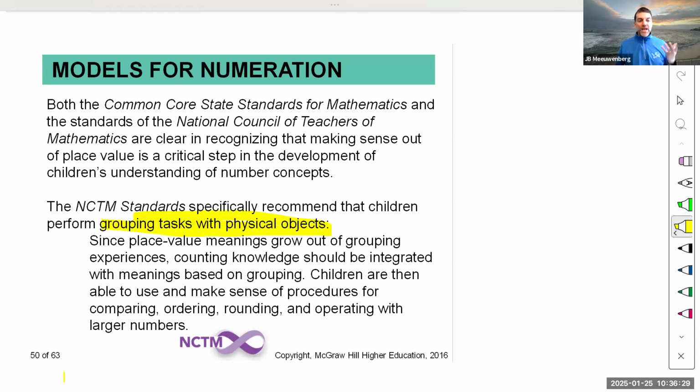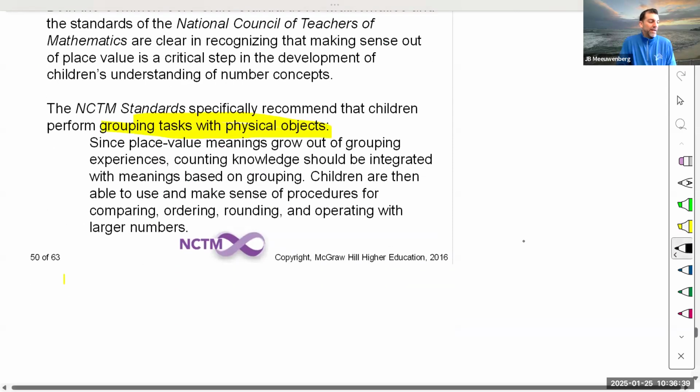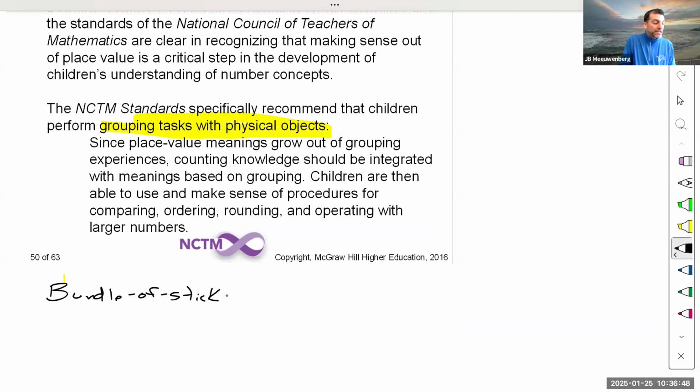One model you can use is what we call the bundle of sticks method. It looks like a physical bundle of sticks, or you can use pencils or crayons or whatever. We're going to look at that representation.